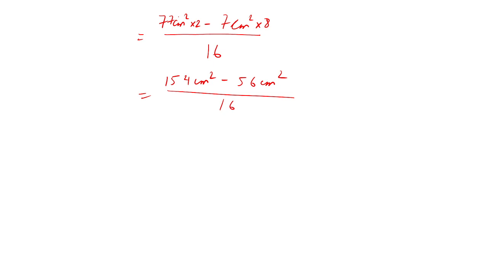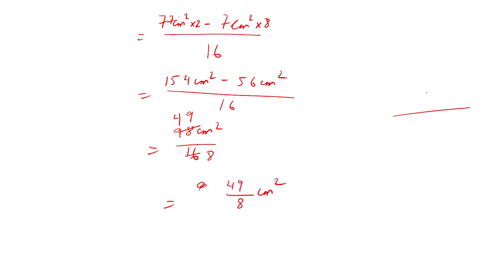So 154 minus 56 is nothing but 98 centimeters square by 16. Now you can divide this with 2. 2 times 4 is 8. 2 times 9 is 16. 2 times 8. So you'll be getting this as 49 by 8 centimeters square.